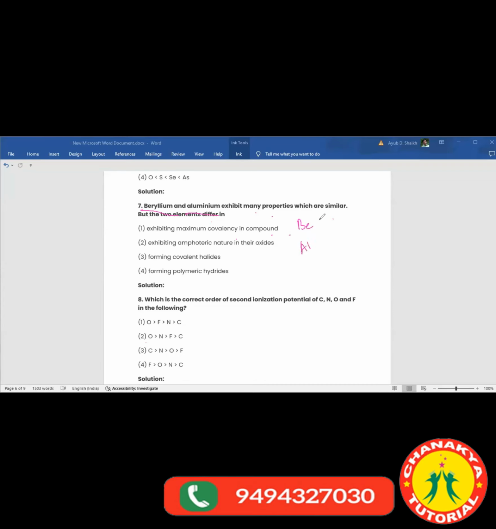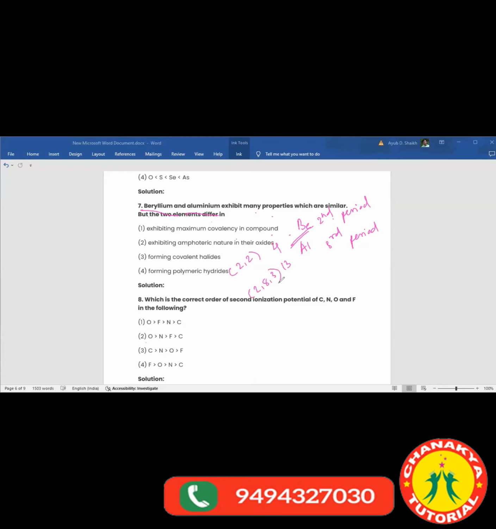Then after that, what will you come to know about it? They have a different electronic configuration. If we see beryllium, what is the atomic number for beryllium? 4, right? And aluminium, it would be what? 13. Electronic configuration would be 2, 2 for beryllium, and 2, 8, 3 for aluminium. Correct?